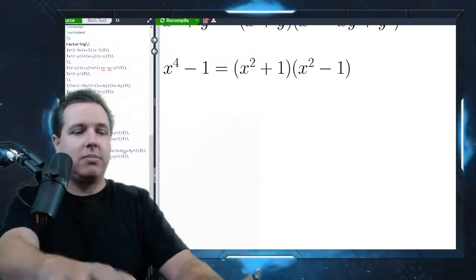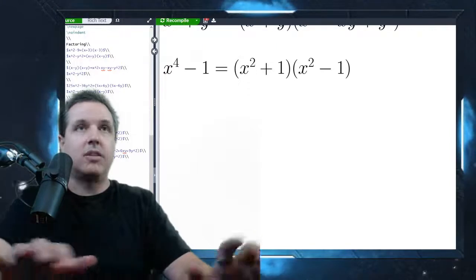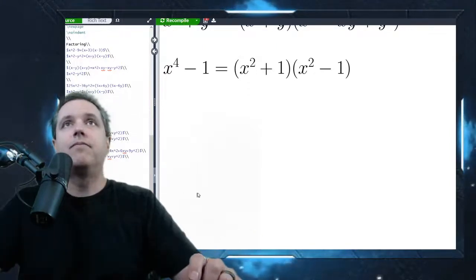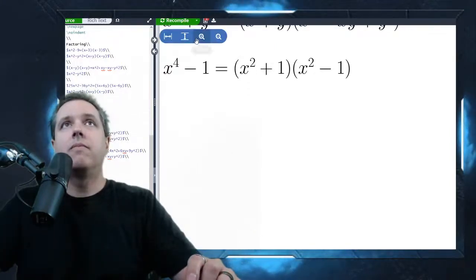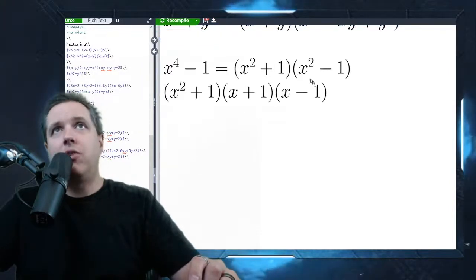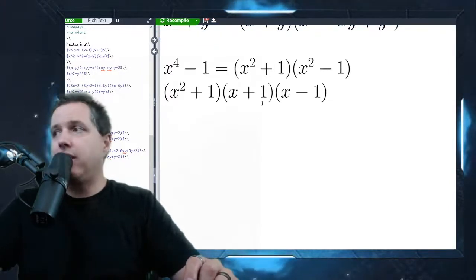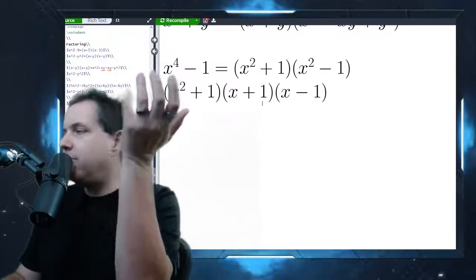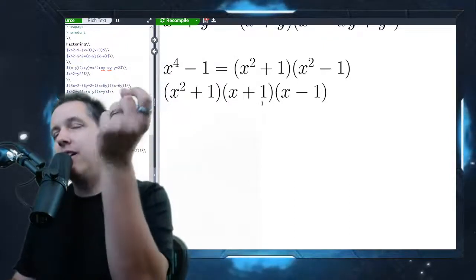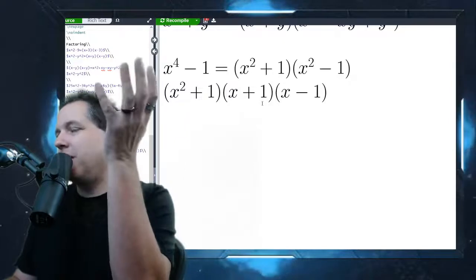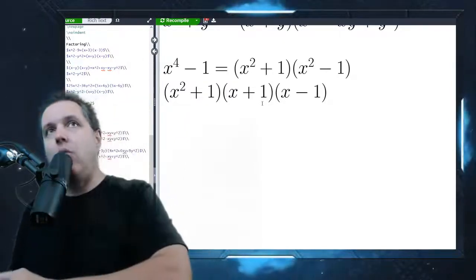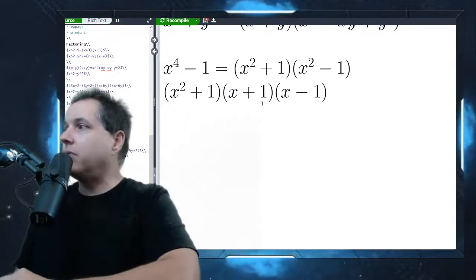Well, that's going to be x plus 1, x minus 1. Where this x squared minus 1 became x plus 1, x minus 1. So it's just repeated factoring. Make sure you have fully factored everything. Otherwise, you're going to miss a couple problems along the way. Okay, make sure you factor everything completely.